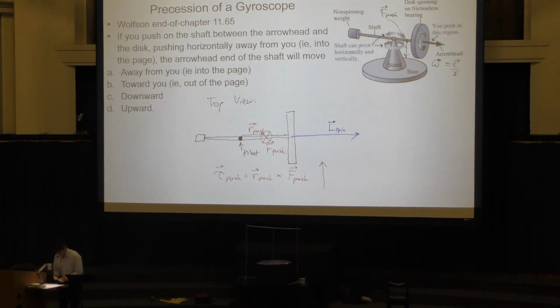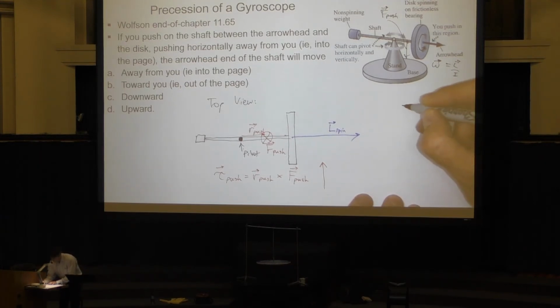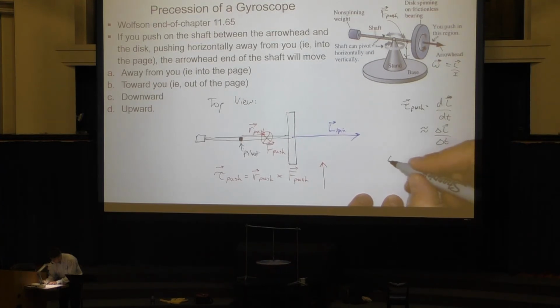And then what you do is remember that torque push is going to be dL by dt. And so it's approximately equal to delta L divided by delta t. And so delta L, which is going to be a small little change in your angular momentum, is going to be in the direction of tau push times delta t.